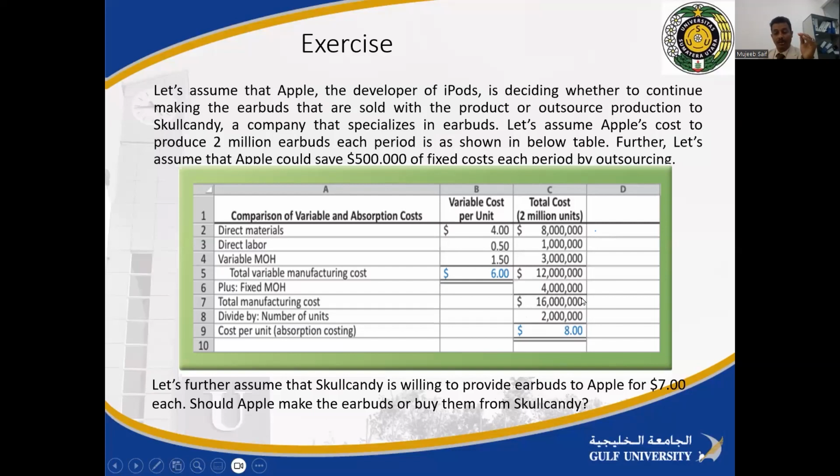Actually, we cannot avoid fixed cost because this fixed cost is distributed between a lot of products. For example, if I have a manufacturer with 10 products, and the fixed cost is 10 million, it will be distributed between these 10 products. If you stop one, that means you will not avoid this fixed cost.